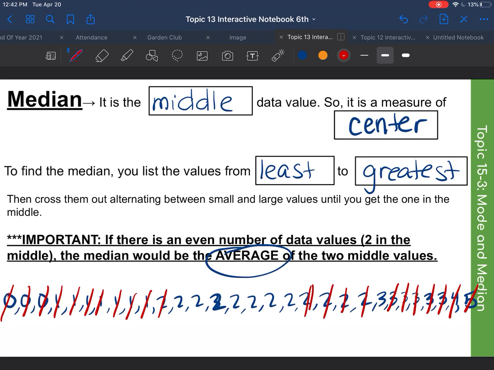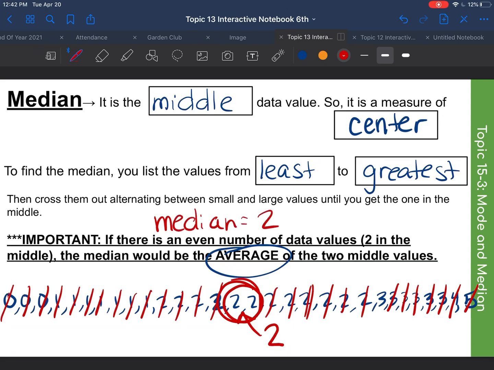Now, in this case, we have 2 in the middle, but there are 2 twos, which means that even though we have 2 numbers in the middle, it would still be a 2. So our median, or our middle data value, is a 2.